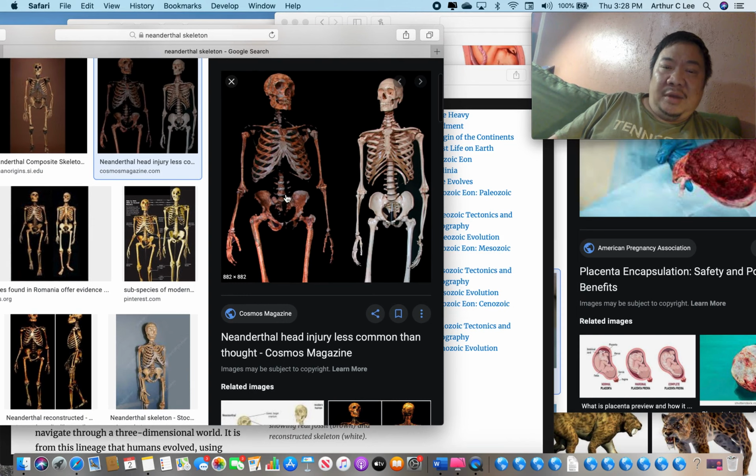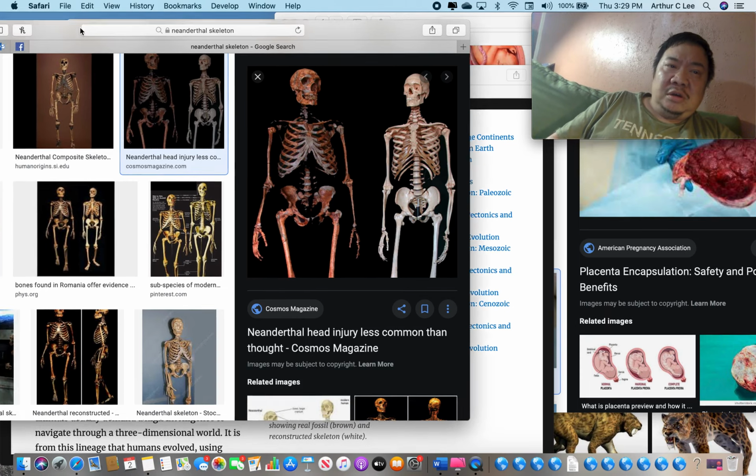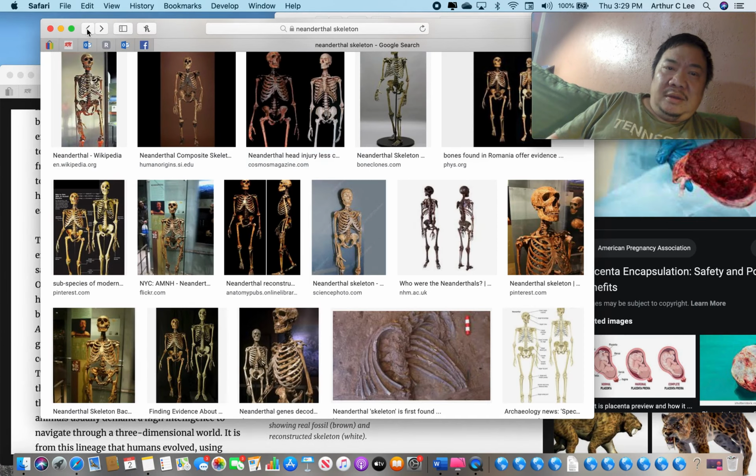And on the right, you have a Neanderthal. First thing that's different is look at how the ribs flare out and come to this bone here. And the bones are much thicker. Neanderthals were physically strong.